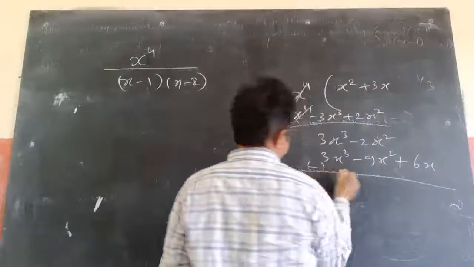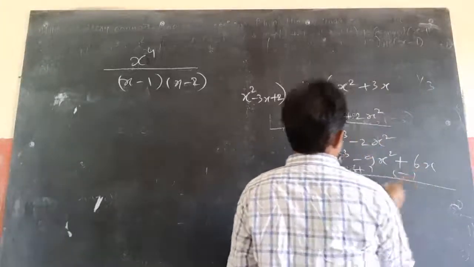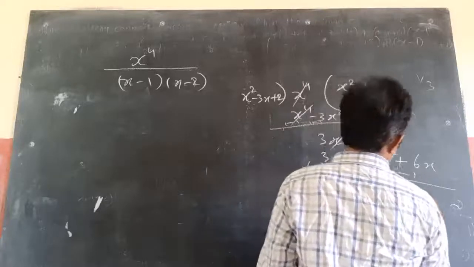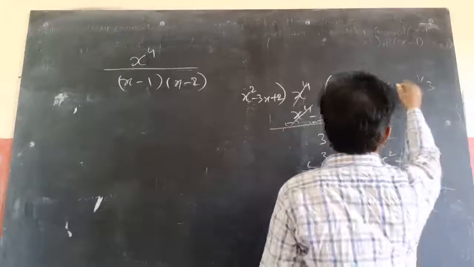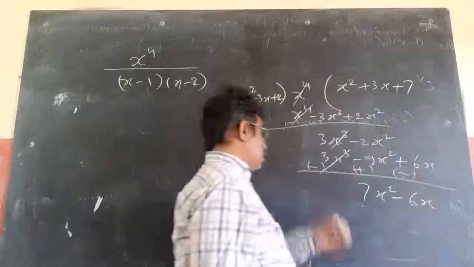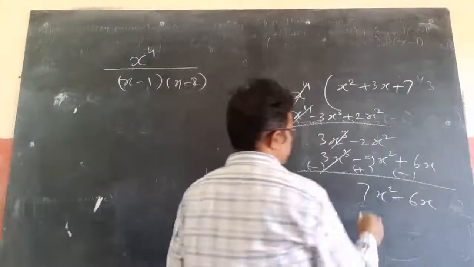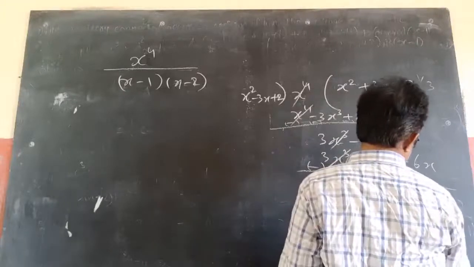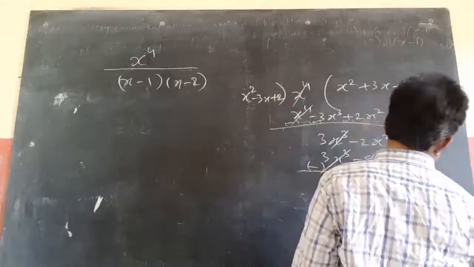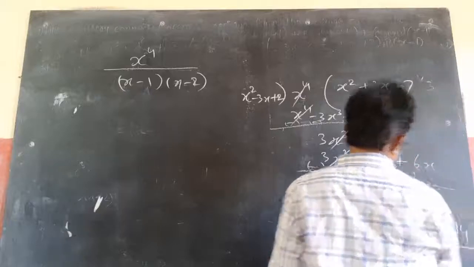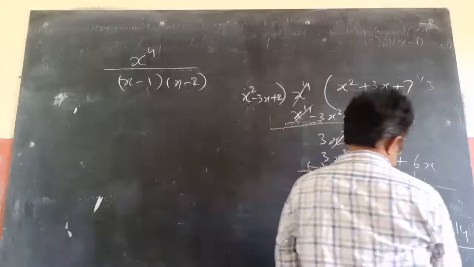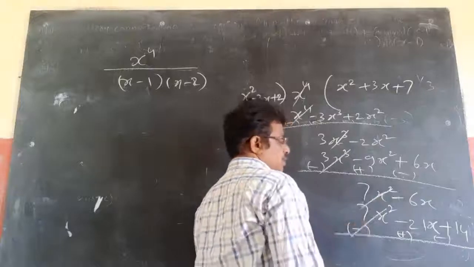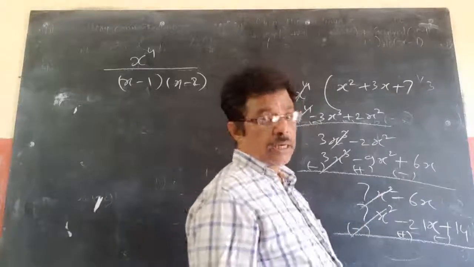As usual, subtract. 7x square minus 6x. Again 7, so becomes 7x square minus 21x plus 14. 7x square cancel.